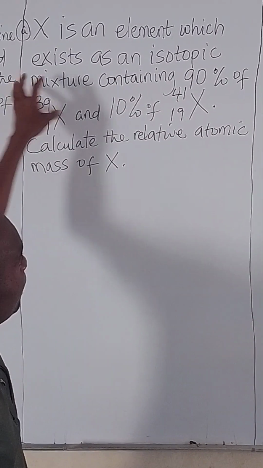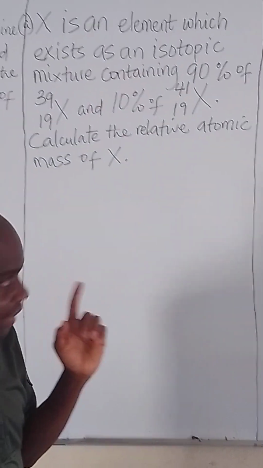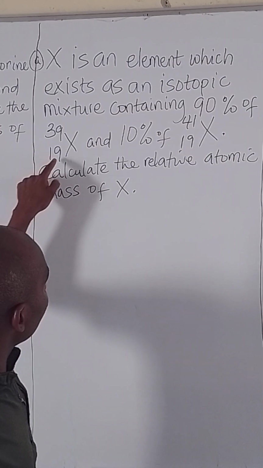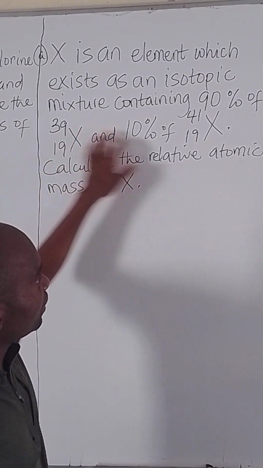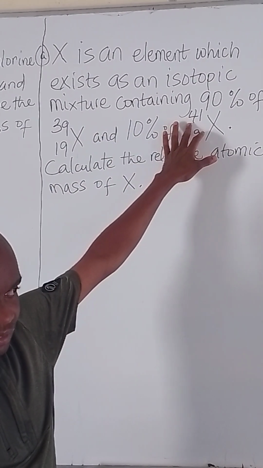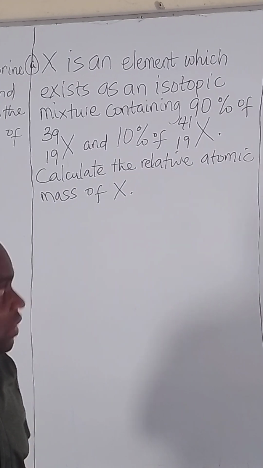So a phenomenon whereby we have atoms of a particular element having the same atomic number with different mass numbers is what we refer to as isotopy.